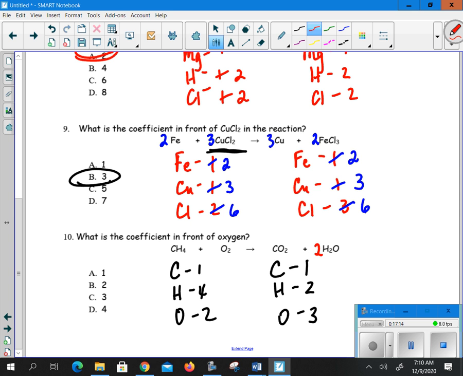Then I need to recount my oxygens, because I have 2 in my first compound, plus 2 times 1 is 2, which makes 4 oxygens. So I need to put a 2 right there to make 4 oxygens. And it asks for what's the coefficient in front of oxygen, so that would be a 2. All right.